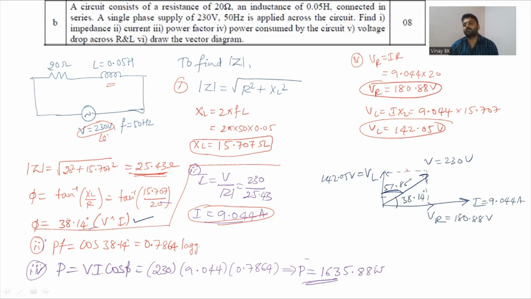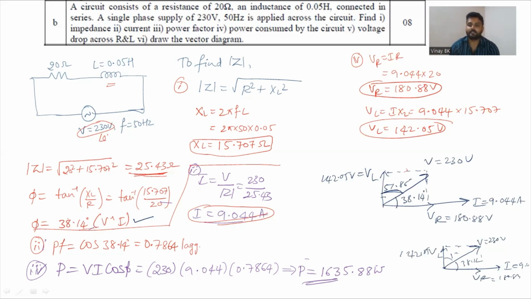So like that, you have to draw the phasor diagram. Very simple. First draw it as per the theory by taking current as a reference. VR is in phase. VL leads I at an angle of 90. Then you add these, you can get the voltage V. Now we substitute the values: 9.044, 180.88, and 142.05. The voltage V is 230 volts, the angle is 38.14, and this angle is 51.86.